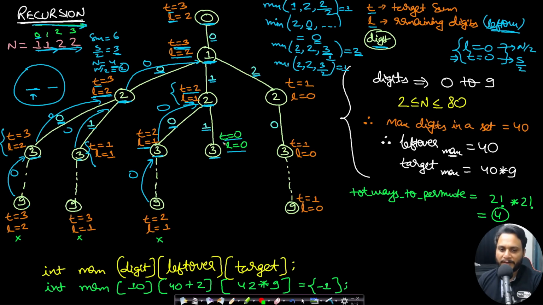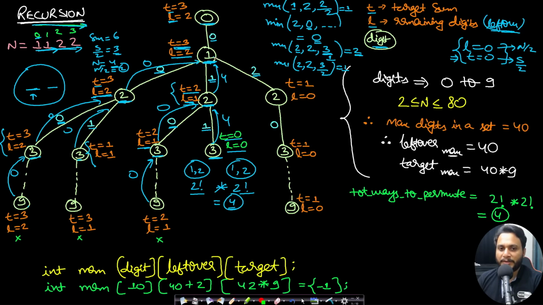So you will count the number of arrangements there are. If you have 1 1 2 2, and you formed 1 comma 2 as one set and 1 comma 2 as the other set, then the number of ways you can arrange is 2 factorial into 2 factorial, and that will be 4. So from here you will be returning a value 4, and this will be returning a value 4.